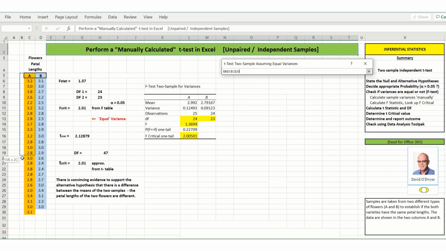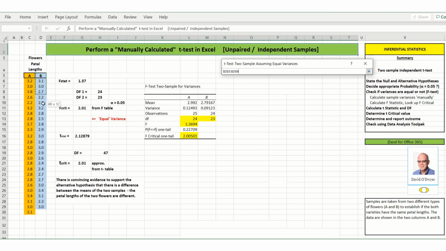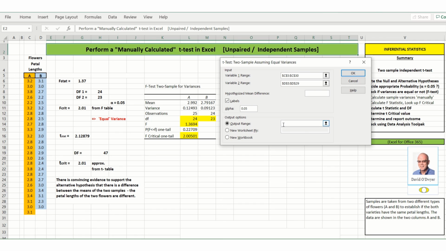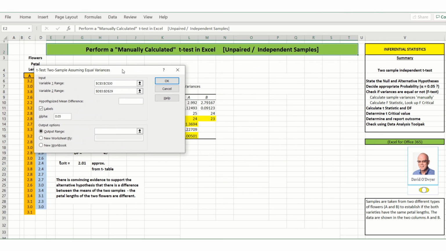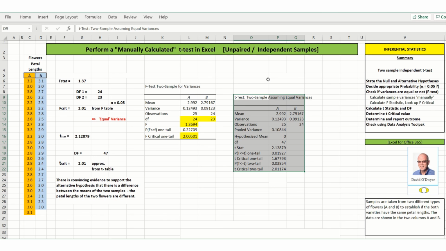So we're going to select A and then B, and again it's already clicked the Labels button to alert Excel to the fact we've used the full set including the heading. Next we want to position it somewhere, so we'll say Output Range and we'll click here. I'll just move this over out of the way and we'll put our statistics output here, and now we can say OK, and Excel has generated a set of statistics for us. We can see they're very similar to the ones that we calculated ourselves.